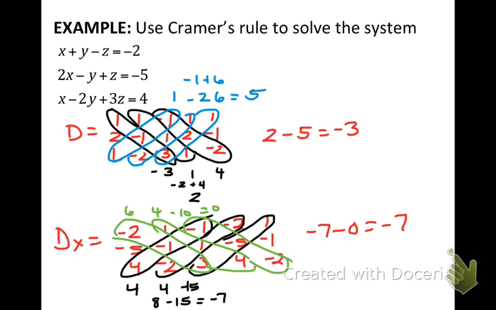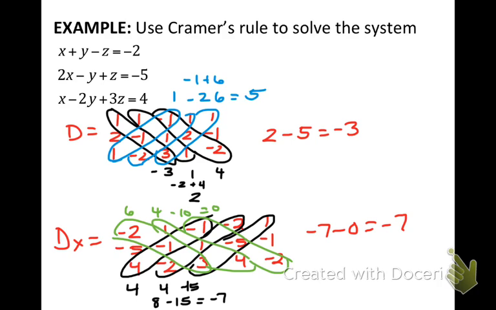So dx we said was 7, d is negative 3, so right away I can tell my answer is going to be fractions, because those don't divide nicely. Now let's find dy. So dy is all of your a's, so 1, 2, 1.